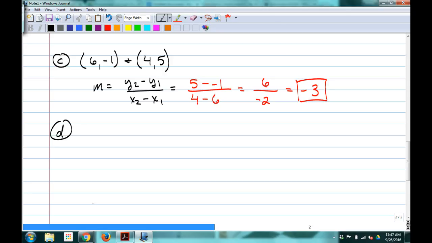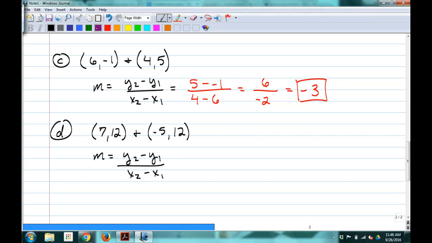Example D. 7, 12, and -5, 12. Find the slope between those two. Y2 minus Y1 over X2 minus X1. 12 minus 12 on top.